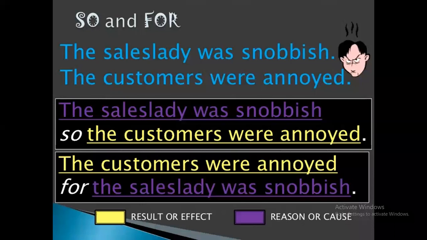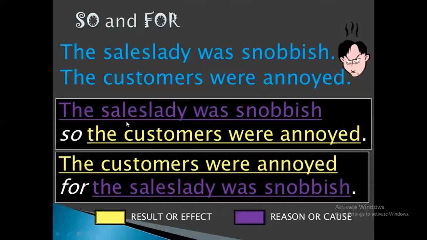So and for. The sales lady was snobbish. The customers were annoyed. The sales lady was snobbish, so the customers were annoyed. The customers were annoyed, for the sales lady was snobbish. Now see here, result or effect, reason or cause. If the result comes in the beginning and the reason later, you use for.